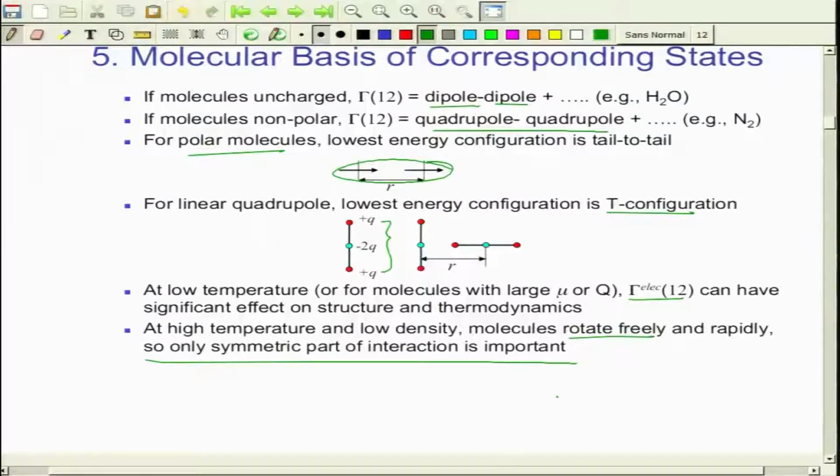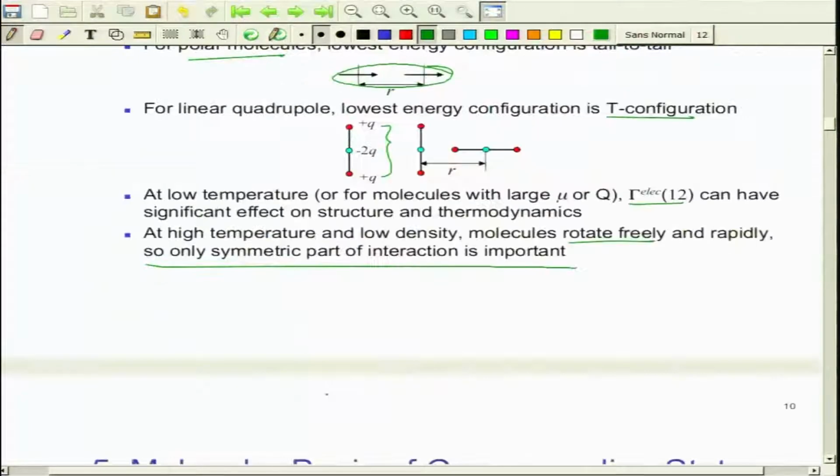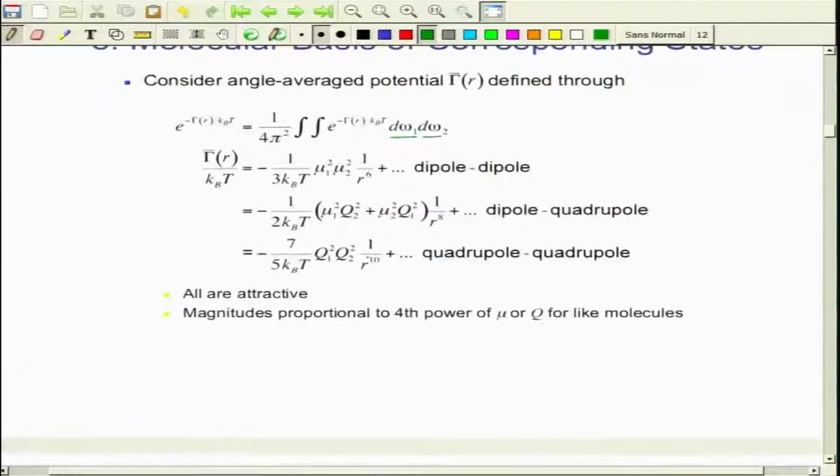the orientational space. So if you are considering the average value, you are integrating over the orientational space. Let us assume that they freely rotate, that would be the case for high temperature. So if they freely rotate, you just consider the case of the average potential.